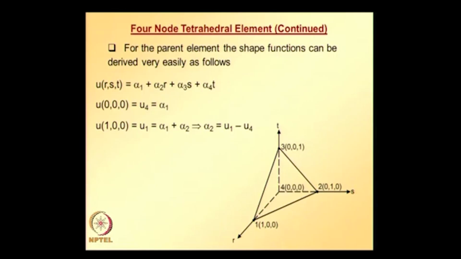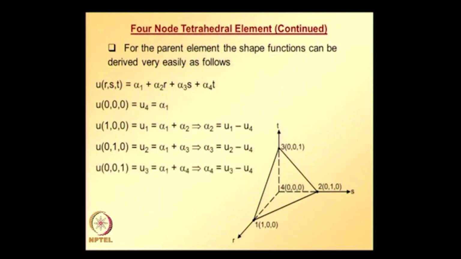Similarly, trial solution evaluated at node 1 is equal to u1. Applying that condition, we get the second equation in terms of alpha 2, and similarly applying the condition that trial solution evaluated at node 2 is u2, we get the third equation, and similarly we get the fourth equation by applying the condition that trial solution evaluated at node 3 is equal to u3.